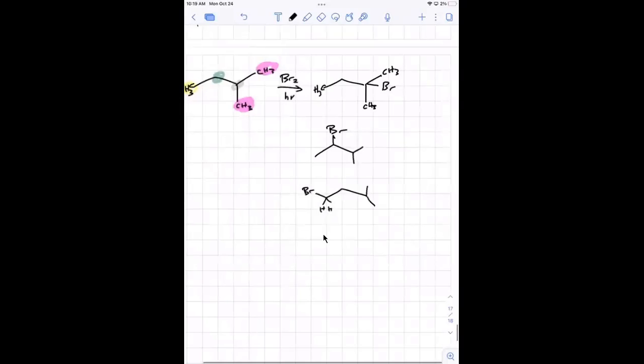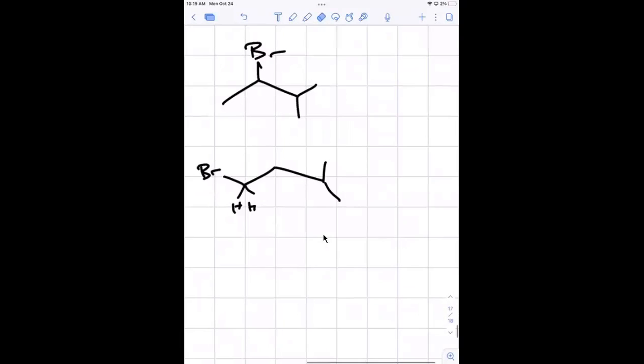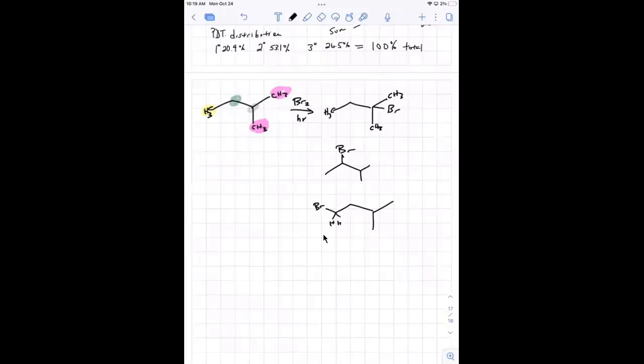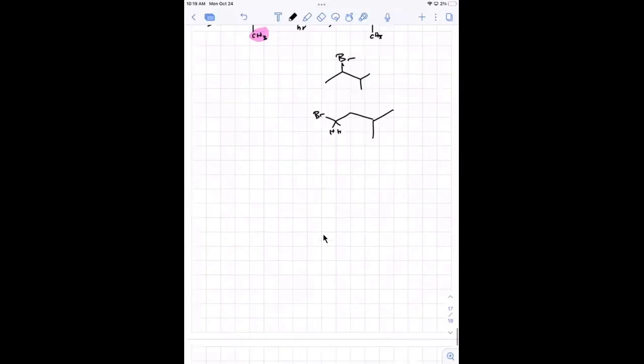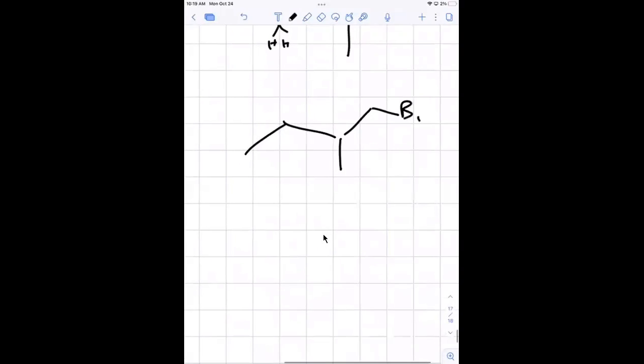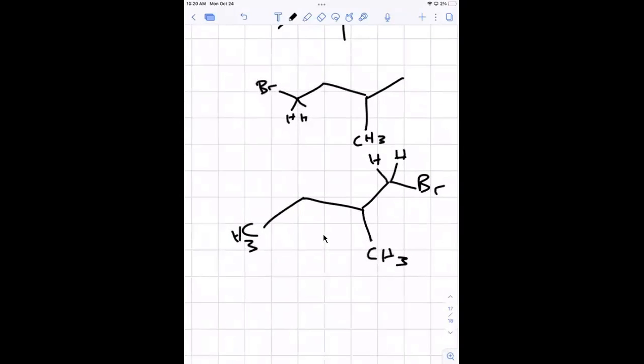Yes or no? Where the yellow highlight is? Yeah. And then the pink highlight, again, those two carbons are equivalent. So I'm only going to draw one of those products. Everybody okay so far?